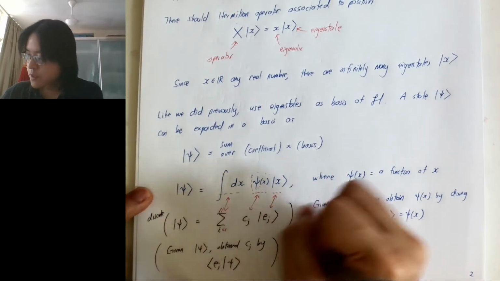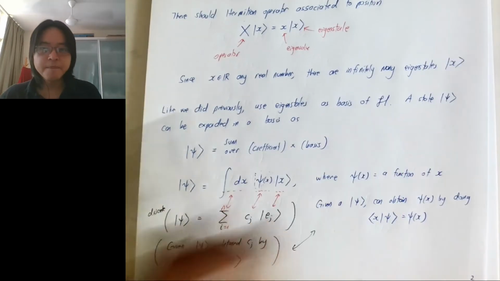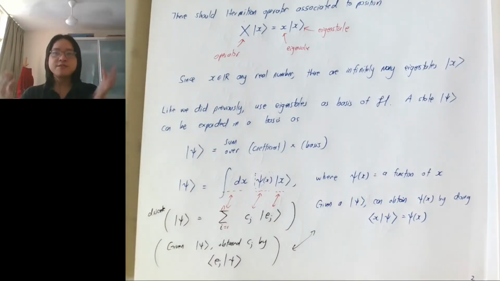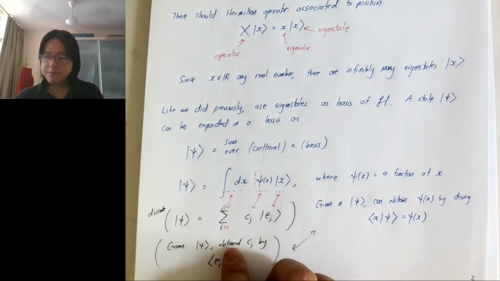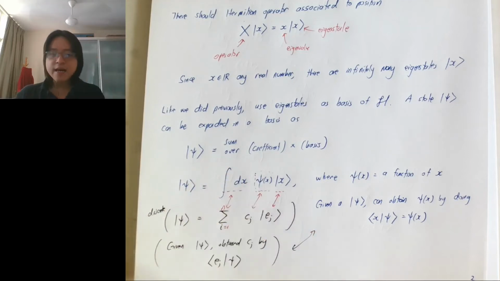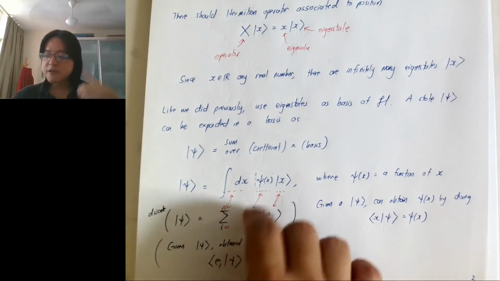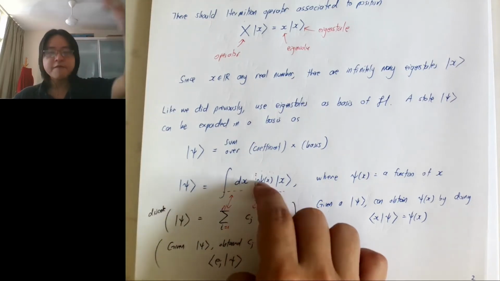I'm trying to convince you that even though it's infinite dimensional, everything is still the same. We just need to change summation into integration. And these finite lists of numbers, generalized to continuous, become a function of x.